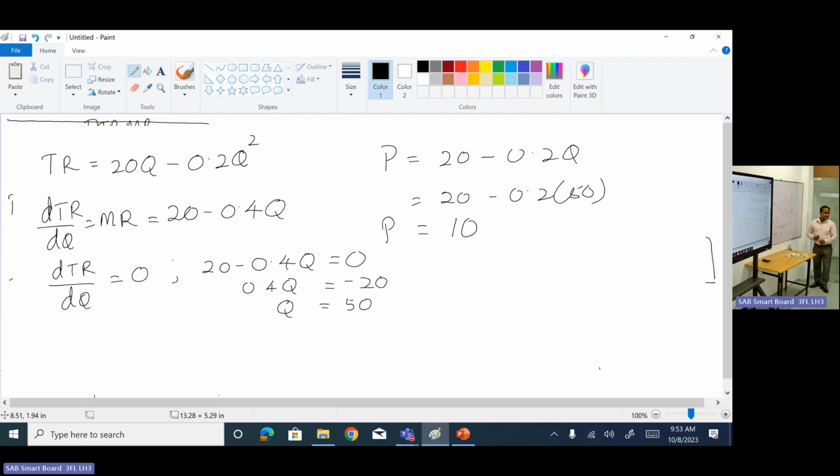So this is the price range, and we can calculate it. When the quantity equals 0, how much is the price? The price equals 20.